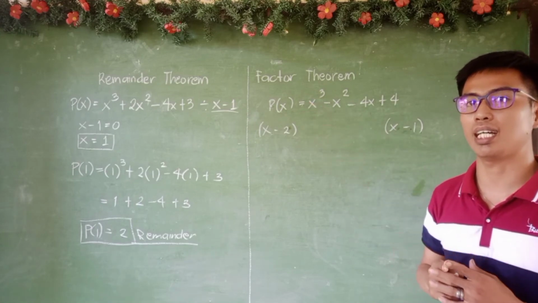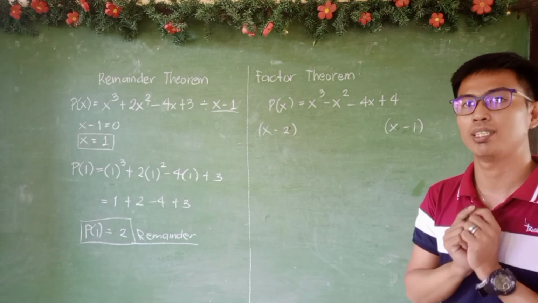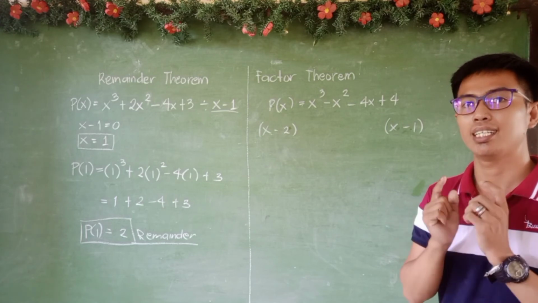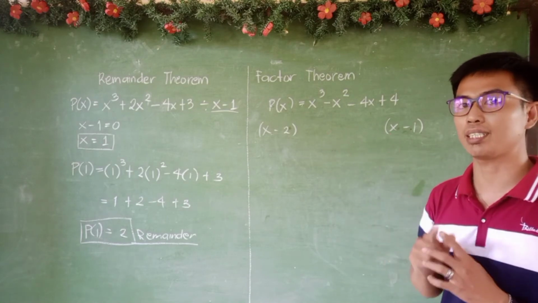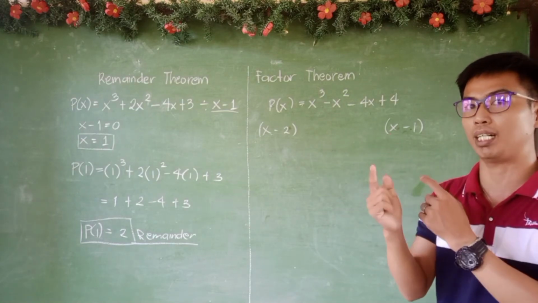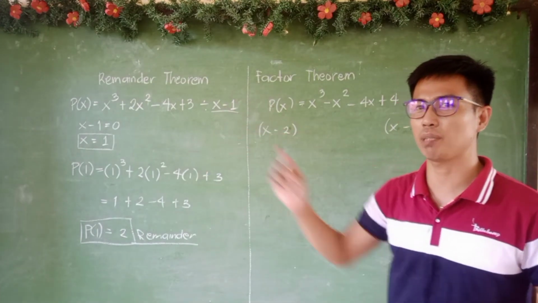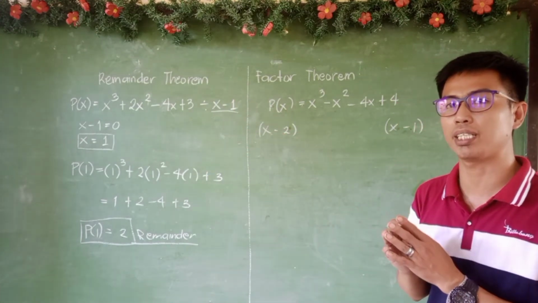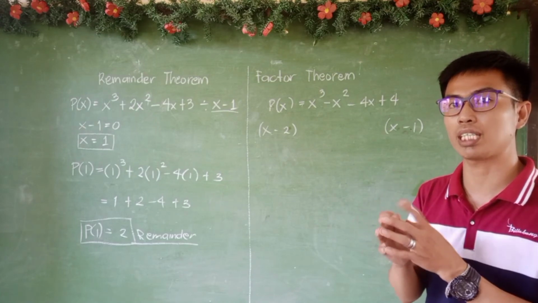So again, tandaan, masasabi mong factor ang isang binomial if ang remainder niya ay 0. So try natin i-solve yung dalawa. Tingnan natin sa kanila kung sino sa kanila or both ba ay factor. So using the remainder theorem, kasi kailangan lang naman natin ma-identify na ang remainder ay 0. Once na naging 0 yung remainder, that is a factor.